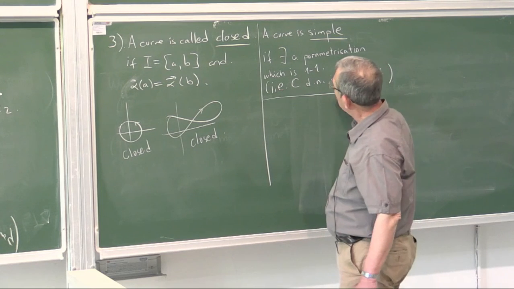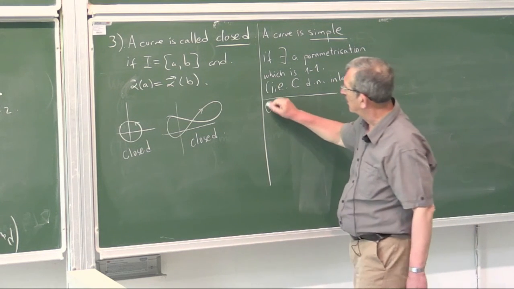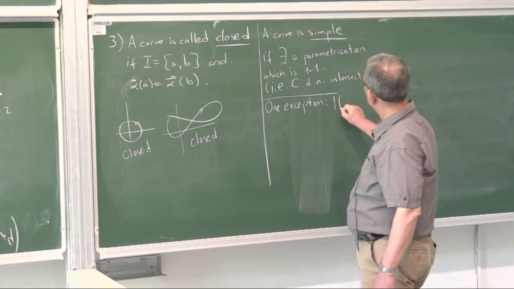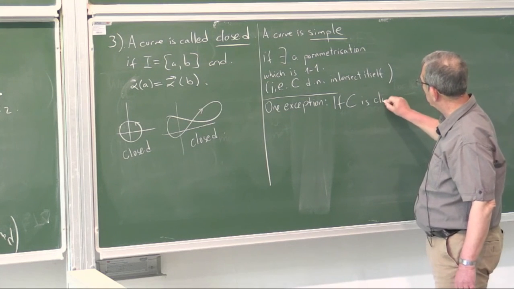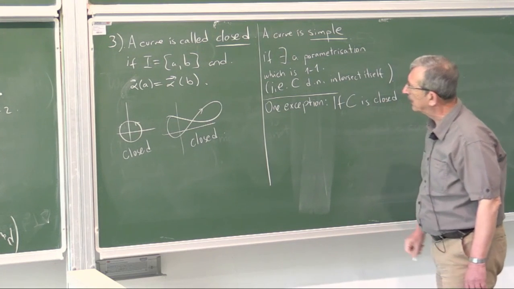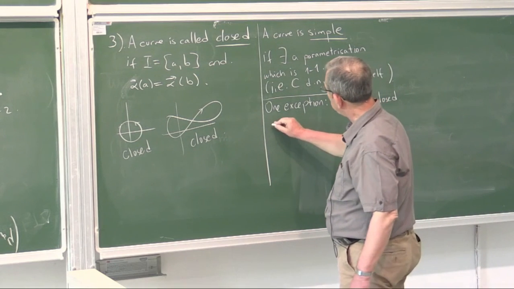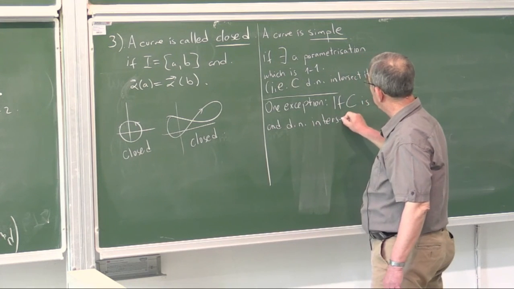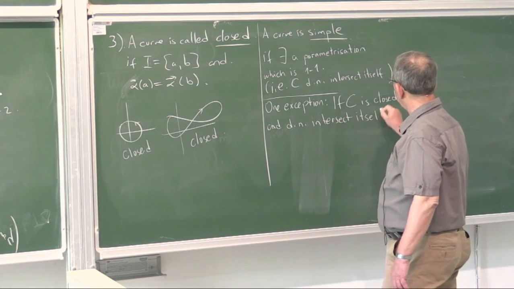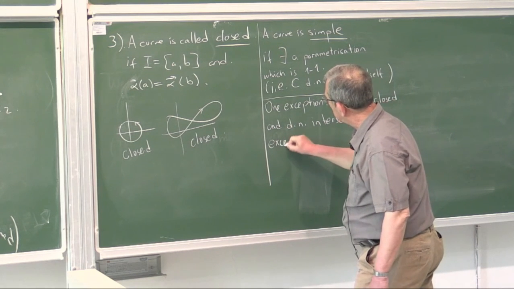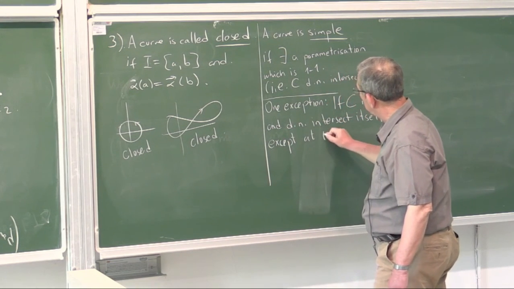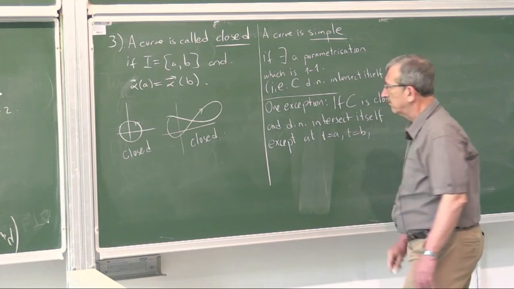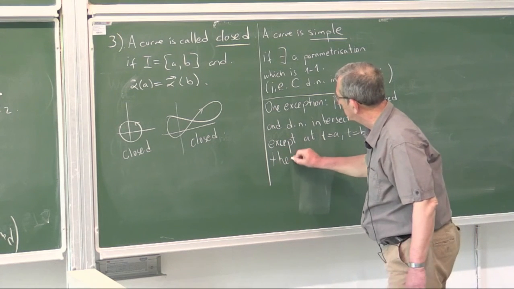But we have one exception. If C is closed, and does not intersect itself except at A and B, then it's also called simple.